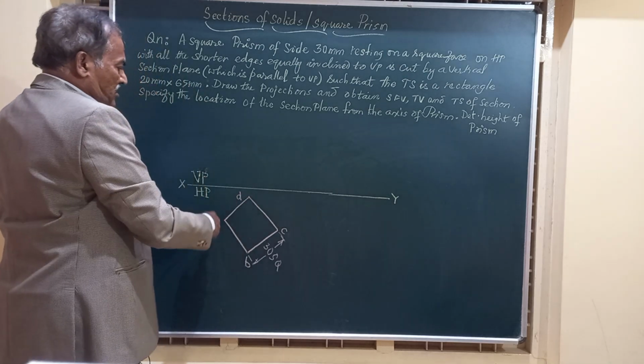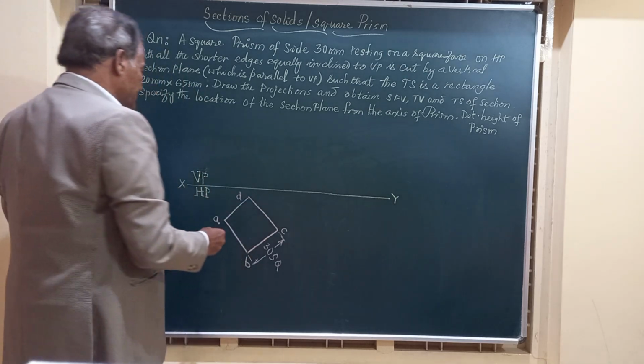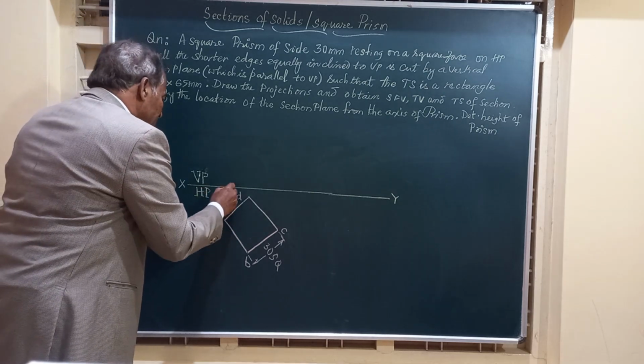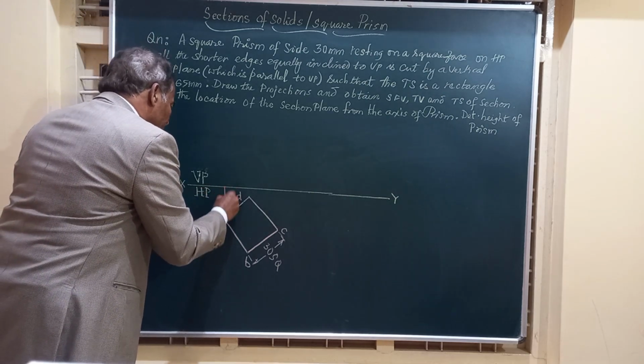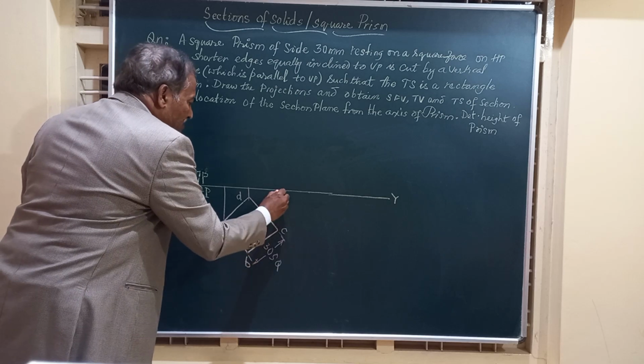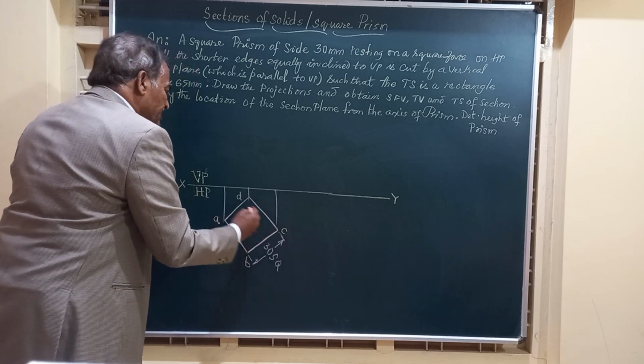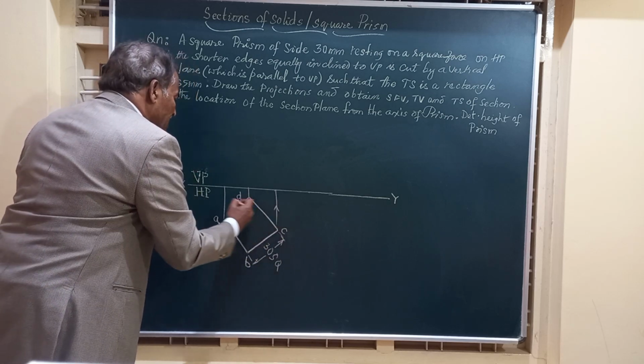ABCD are the corners of the bottom face, and we will obtain the corresponding front view. So a line from here, another line from here. Friends, we project lines from these four corners.